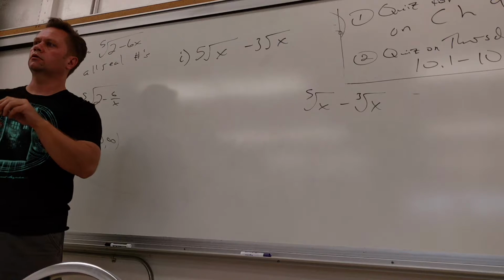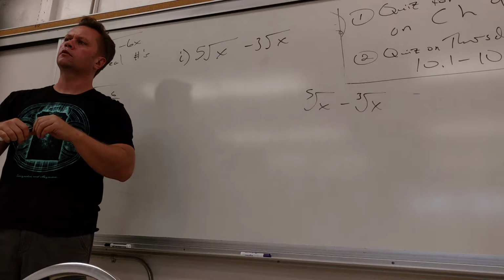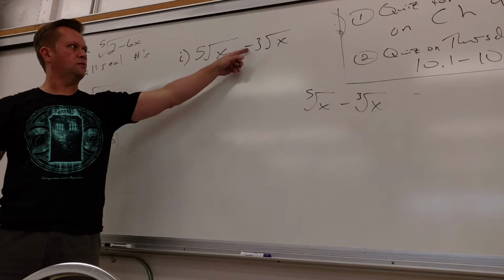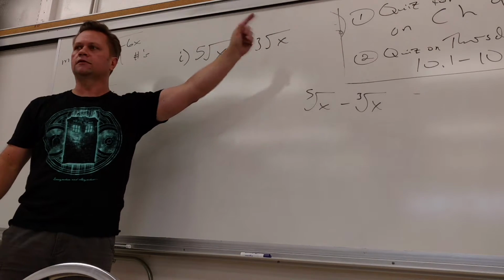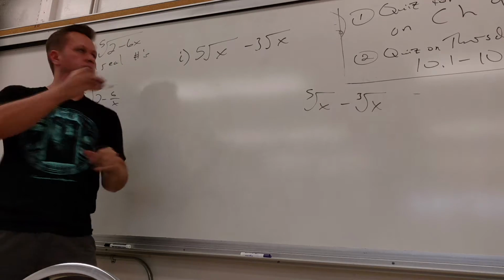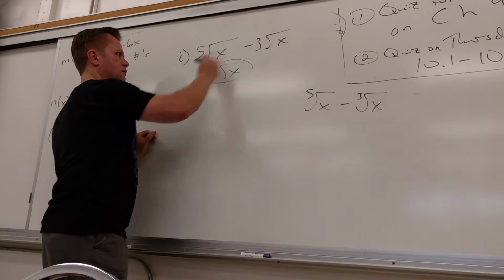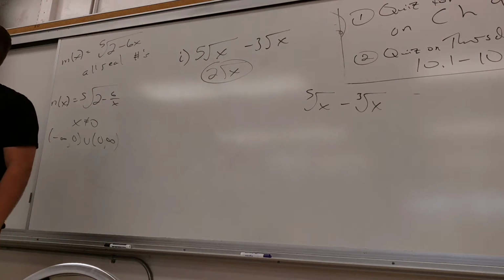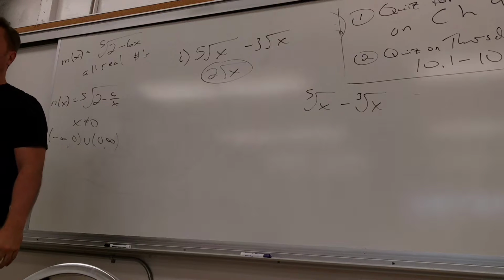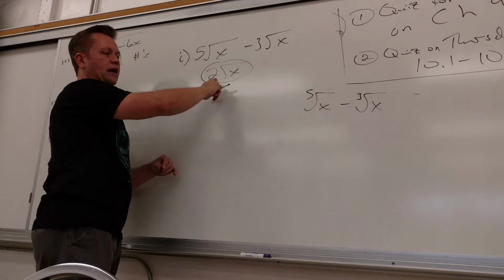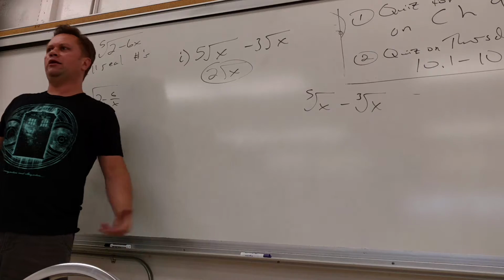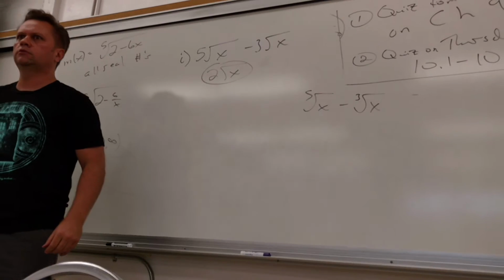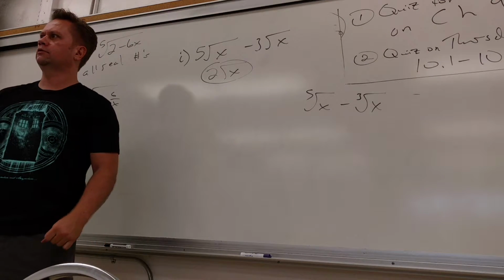It's 5 times the square root of x minus 3 times the square root of x. So I got 5 of these minus 3 of these, it's 2 of these. All I'm doing is collecting how much I got left. I had 5, somebody stole 3 of them, now I got 2 of them.